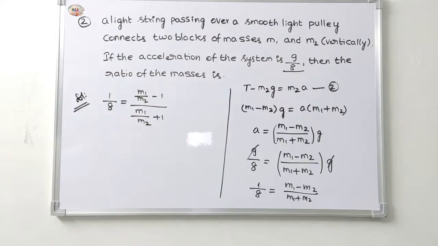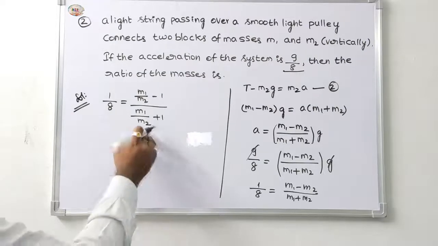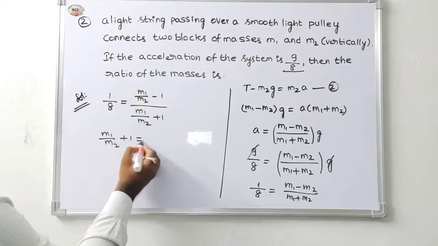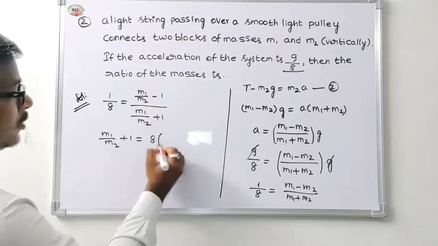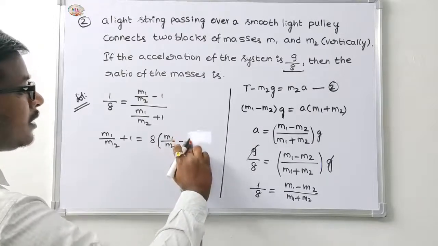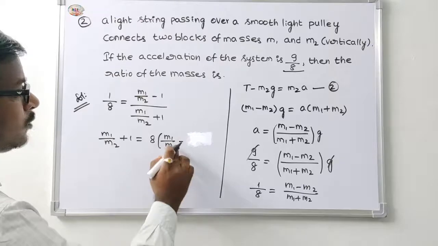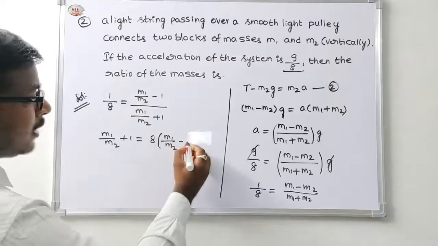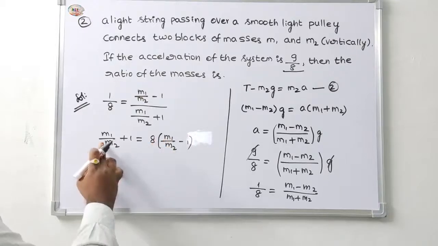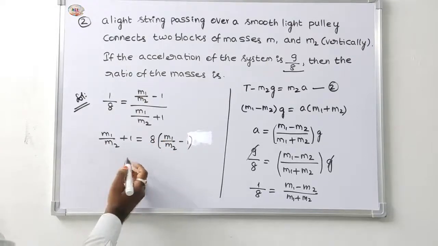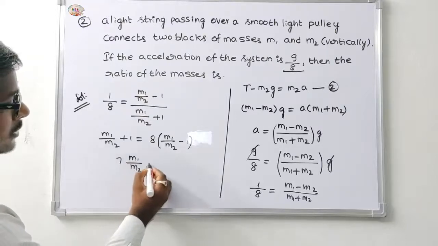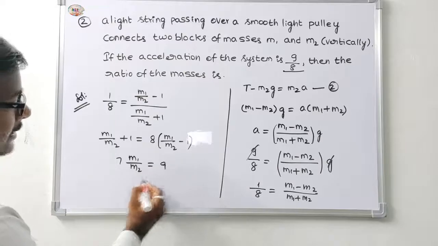Cross multiplication: m1 by m2 plus 1 is equal to 8 into (m1 by m2 minus 1). 8 m1 by m2 and m1 by m2 give 7 m1 by m2 is equal to 9.